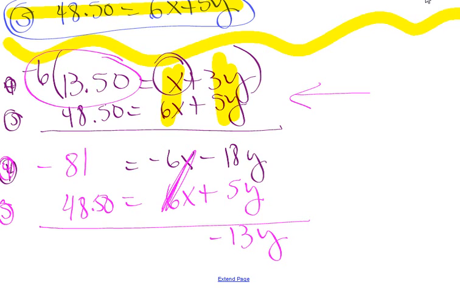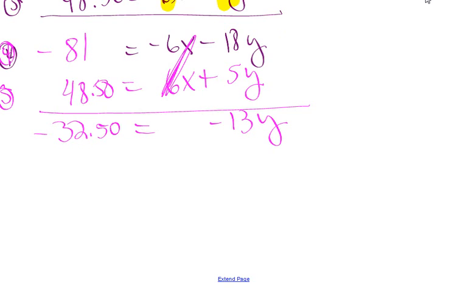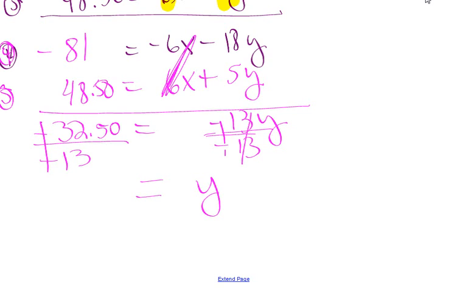And negative 81 plus 48.50 is actually negative 32.50. Now when I divide each side by a negative 13, my signs cancel out, and I get y equals 2.5.